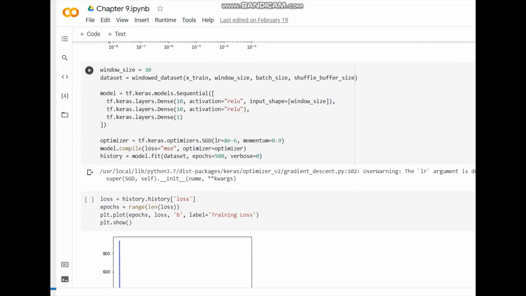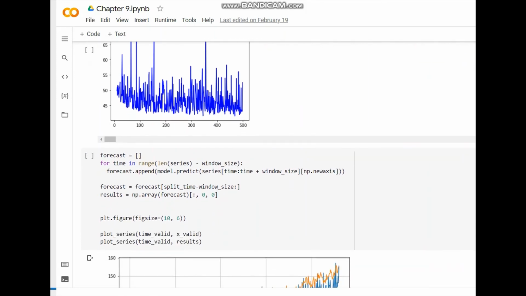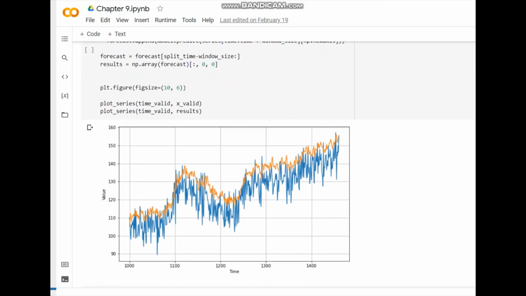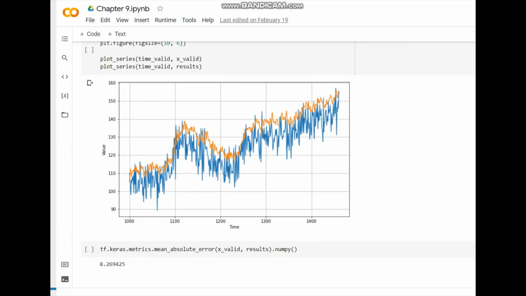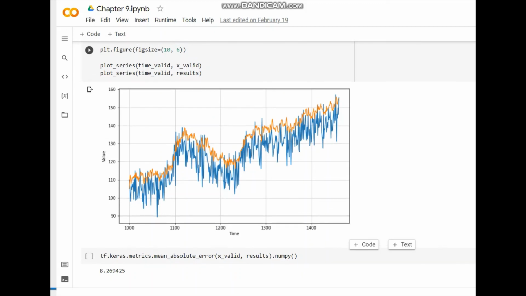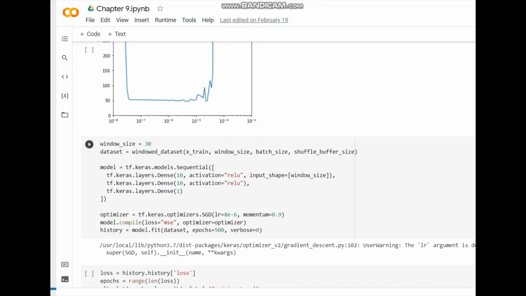Yeah, so all this we'll be understanding in chapter 9. If you didn't understand this, in chapter 10 we'll actually be going through all of it. And yeah, you can see the mean absolute error went up, so it went to 8, and you can see the overfitting here as well. So we'll try to work on these in chapter 10.